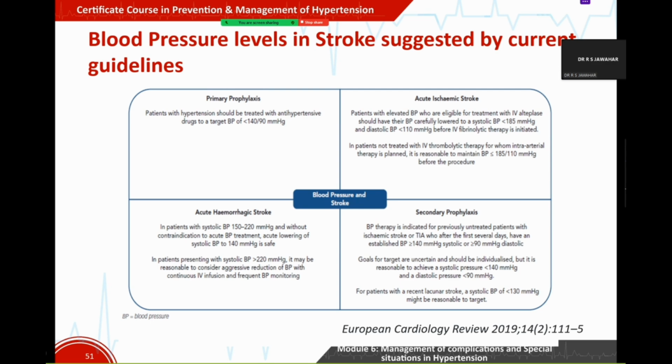What about the acute hemorrhagic stroke? In patients with a systolic BP of 150 to 220 and without contraindication to acute BP treatment, acute lowering of systolic BP to 140 is safe. So in hemorrhagic strokes, reduce the blood pressure, systolic to 140, whereas in ischemic stroke, keep the blood pressure at a higher level.